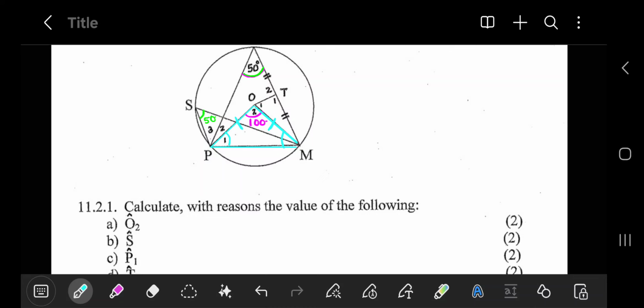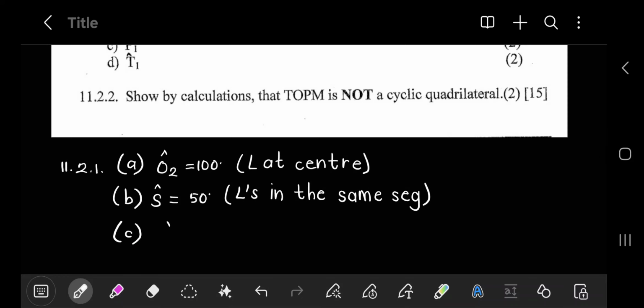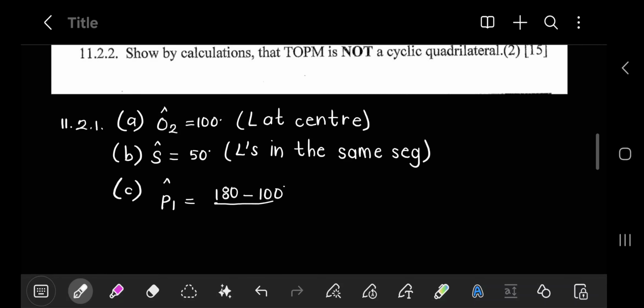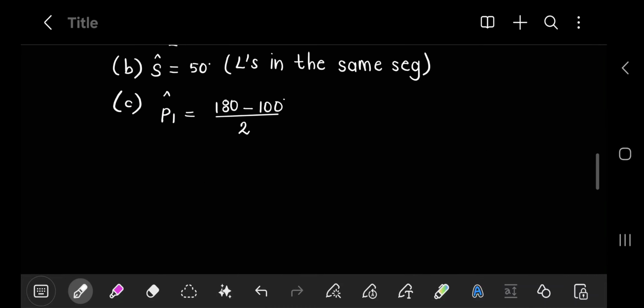Now, since we know the third angle, which does not form part of the 2 equal angles, we can easily calculate this. All we have to say is angle P1 is equal to 180 minus 100, divided by 2. Now, why do we divide by 2? It's because once we subtract the 100, whatever we're left with, we divide it by 2 in order to get those 2 equal angles. So that makes sense, right?